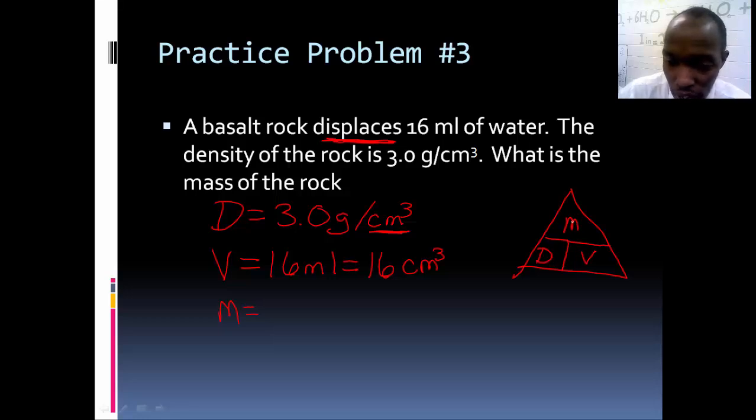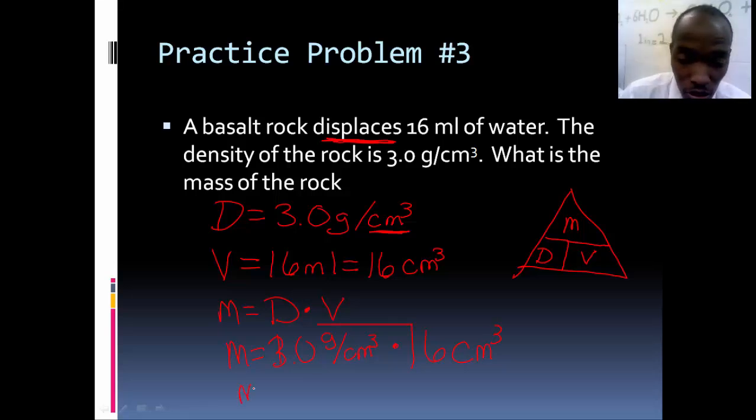If we're trying to find out the mass, we look at the other two, and we said if they're side by side, you're going to multiply. So you're going to take D times V. Alright, and M is equal to 3 grams per cubic centimeter, my apologies, times 16 cubic centimeters.